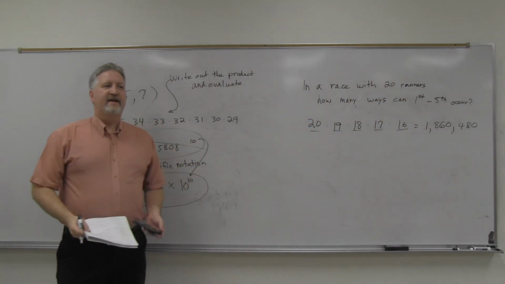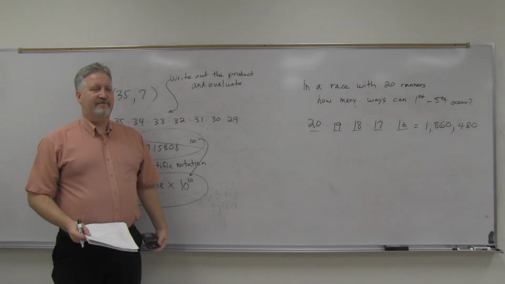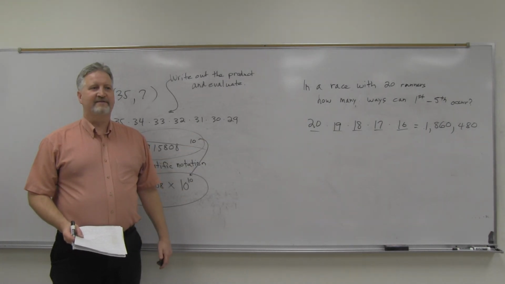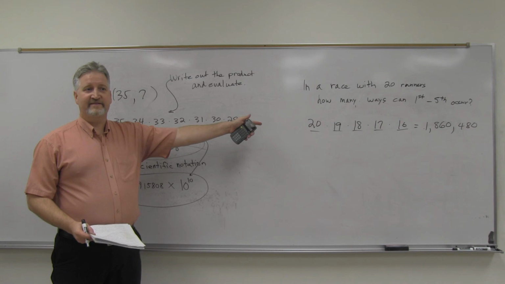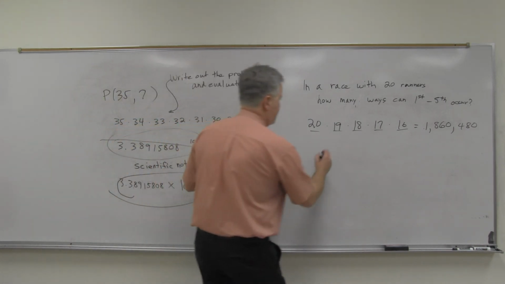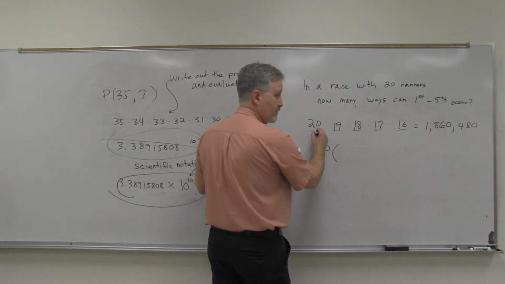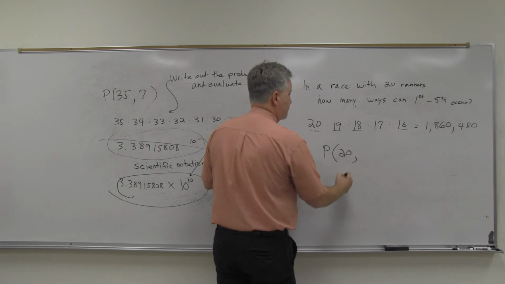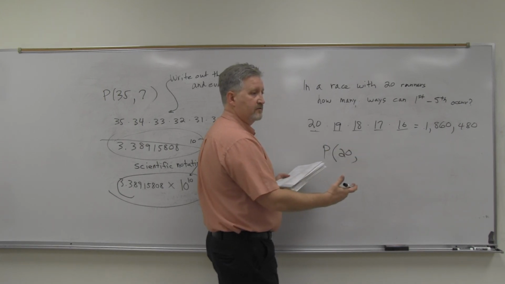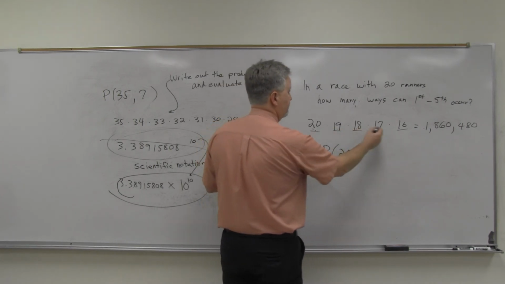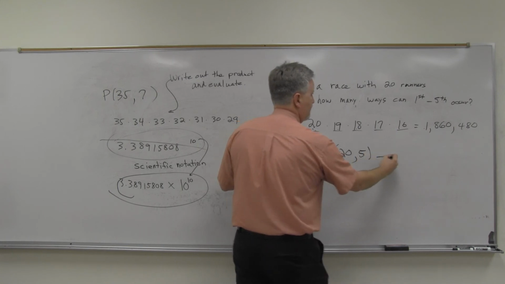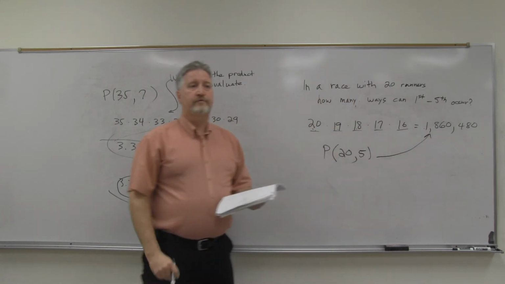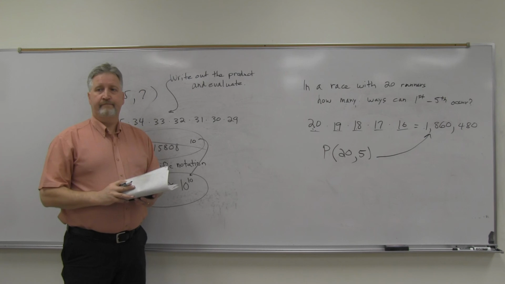Okay. Now, does anybody see another way we could do this without having to punch in all the numbers? That's a permutation, isn't it? It's a permutation of 20, choose how many at a time? 1, 2, 3, 4, 5. And that'll get that same number. Right? It's permutation.